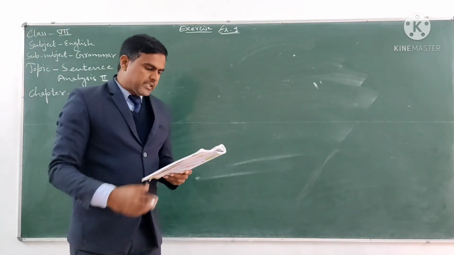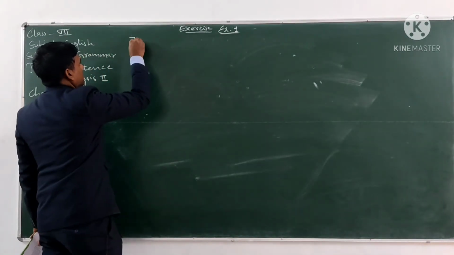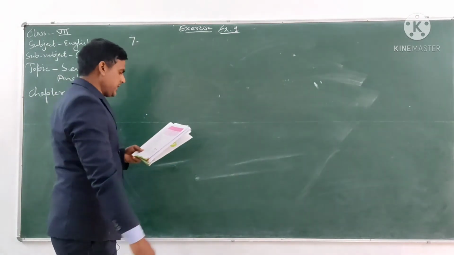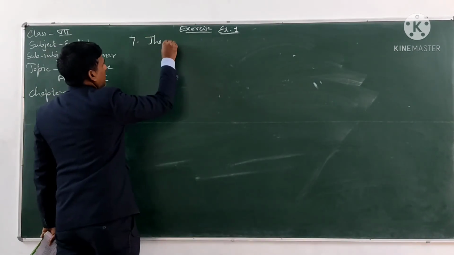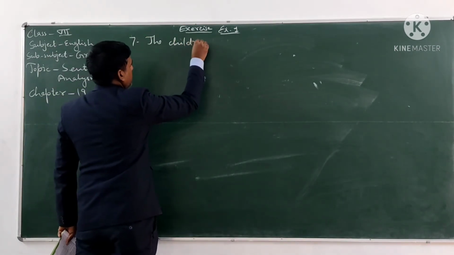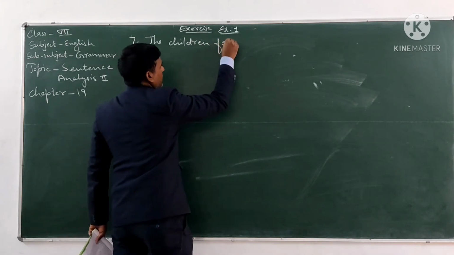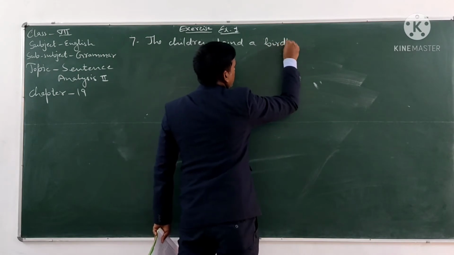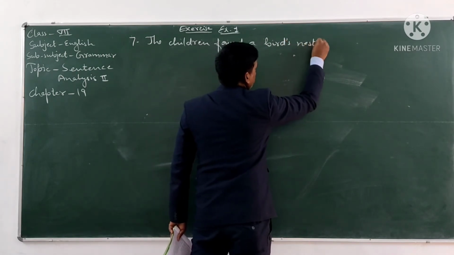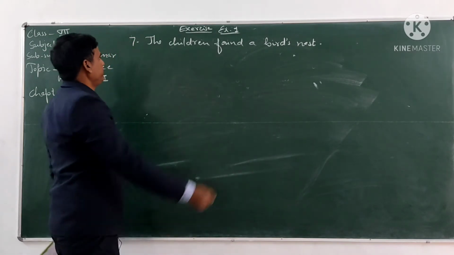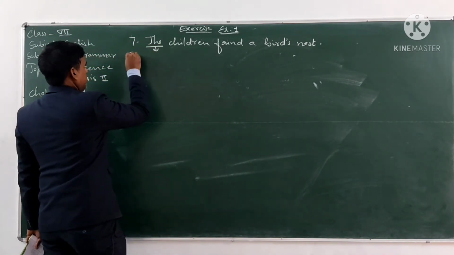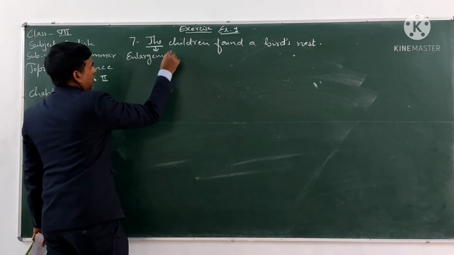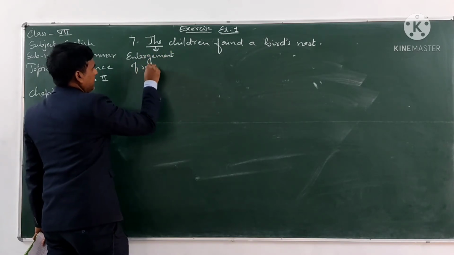Now see sentence number 7. Sentence number 7 is: The children found a bird's nest. In this sentence, the is the enlargement of subject.